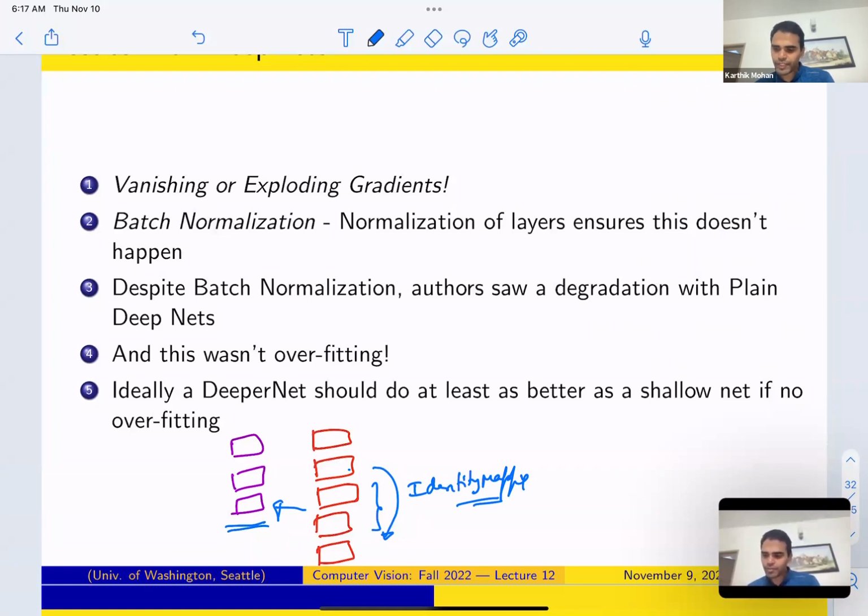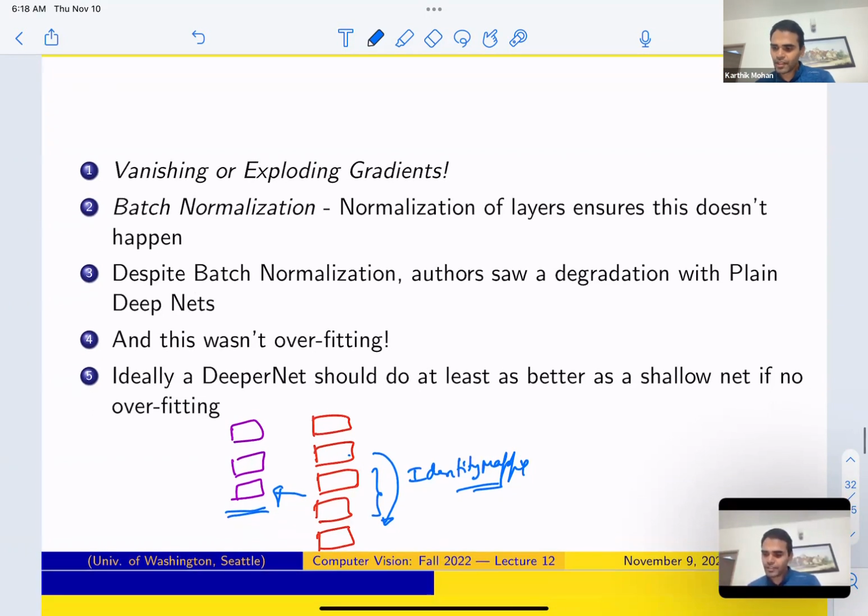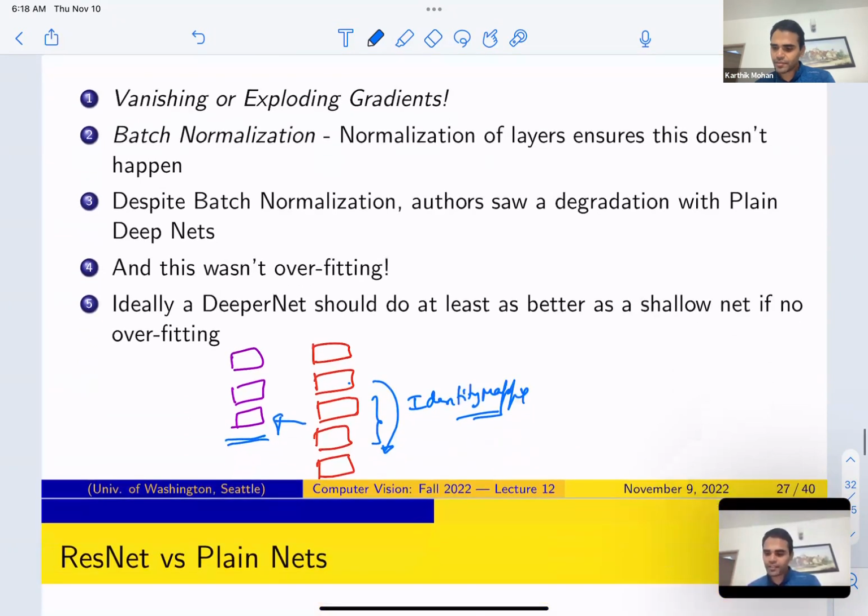So if I get some accuracy with a 3-layer model, with identity mapping, I can get the same accuracy with a 5-layer model. So the identity mapping tells you that you can do at least as well as a shallow network. So the issue is that with a deeper network, in degradation, the identity mapping is not happening where it should be, and so you're performing worse. We'll talk about this and how it gets fixed in the ResNet.